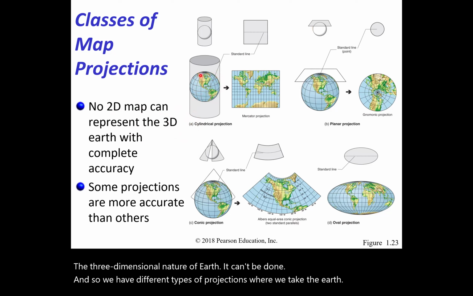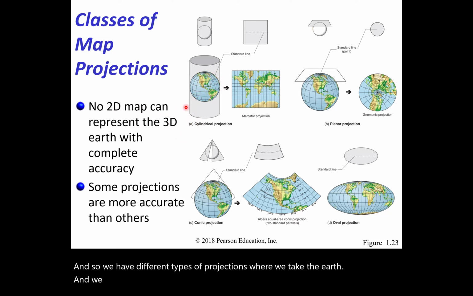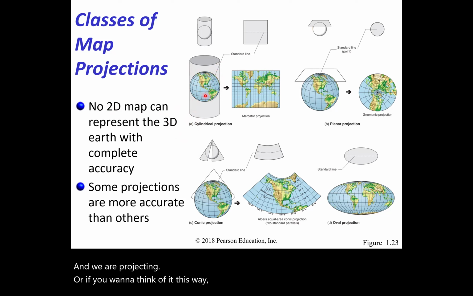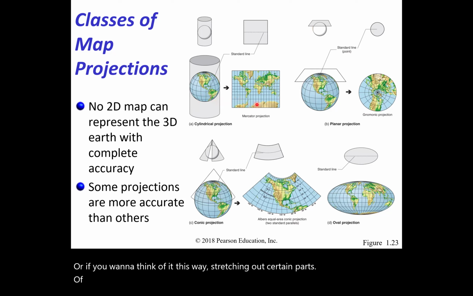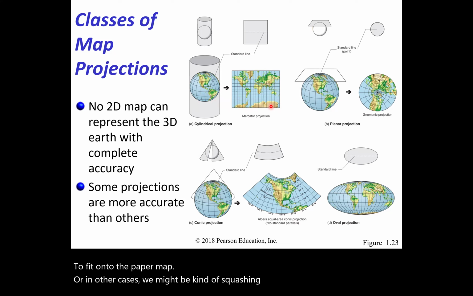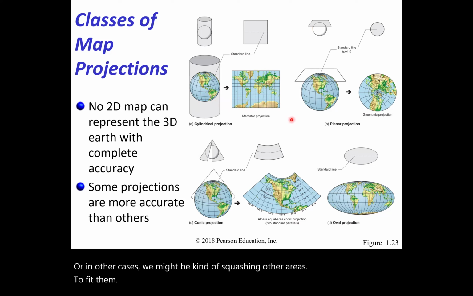And so we have different types of projections where we take the Earth and we are projecting, or if you want to think of it this way, stretching out certain parts of the Earth to fit onto the paper map. Or in other cases, we might be squashing other areas to fit them onto the map.